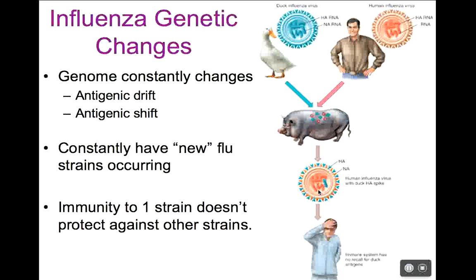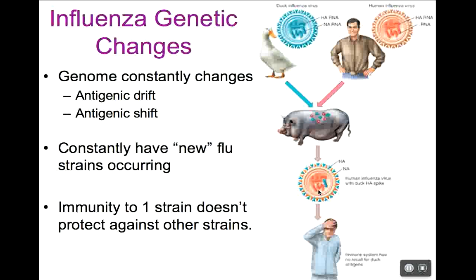So what I'm telling you is influenza has an incredibly high mutation rate, because not only is it mutating like all organisms on the planet, it's also going through antigenic shift and rearranging its genomic segments. Unfortunately, every single time you have a new arrangement of influenza, your immune system thinks it's brand new.